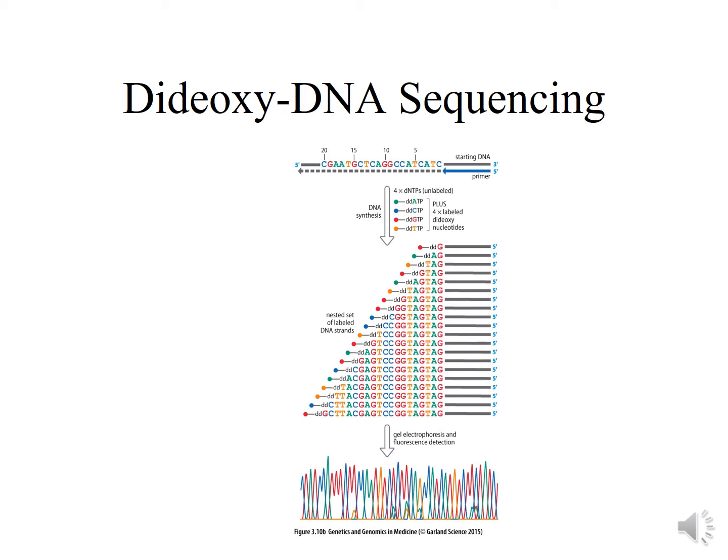Different labeling systems can be used, but it's convenient to use labeled dideoxynucleotides that have different fluorescent groups according to the type of base, as shown here.